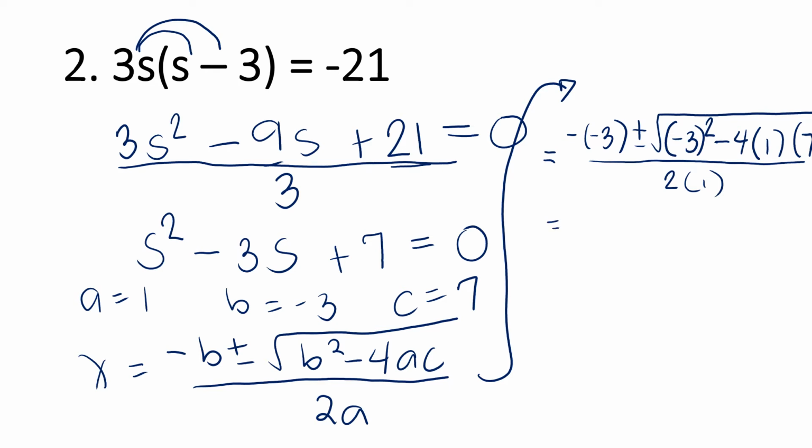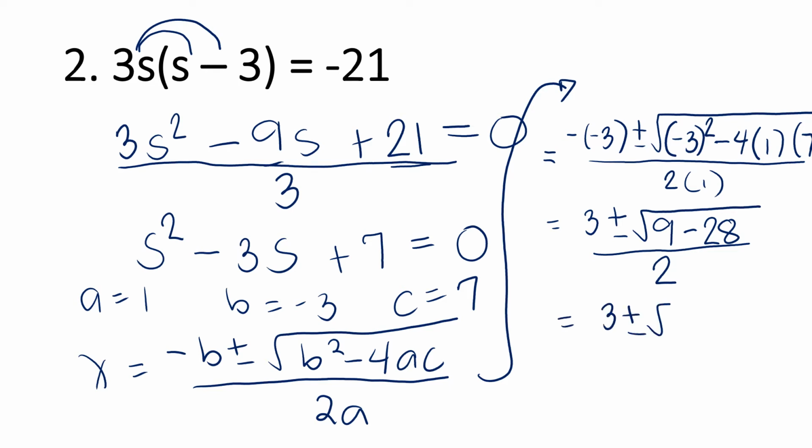So we're going to have negative times negative, the positive 3, plus and minus the square root of 3 times 3 is 9, 4 times 7 is 28, all over 2 times 1 is 2, equals 3 plus and minus the square root of 9 minus 28 is negative 19, all over 2. So this means that the root for this example is not real.